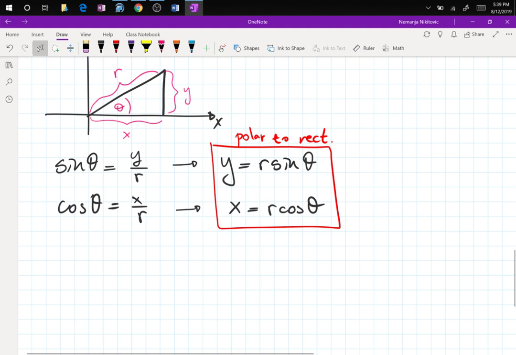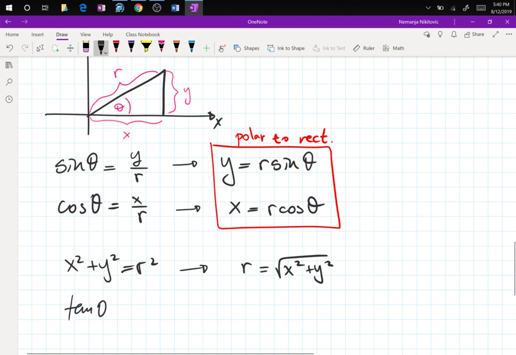If you use the same triangle to write x squared plus y squared equal to r squared, from there you can get that r is equal to the square root of x squared plus y squared. And you can also write tangent theta as y over x, from where theta is inverse tangent of y over x.